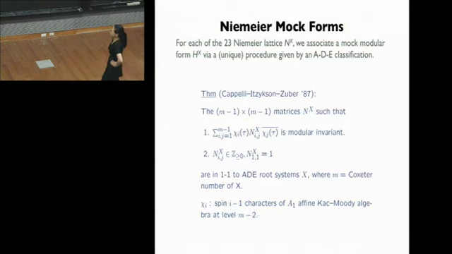So the first inspiration is this theorem proven by Cappelli, Itzykson, and Zuber, who studied the modular invariant combination of chiral and anti-chiral characters of A1 affine Kac-Moody algebras. They want to consider matrices, which I'll call N_X, such that this combination of left and right moving sectors is modular invariant.